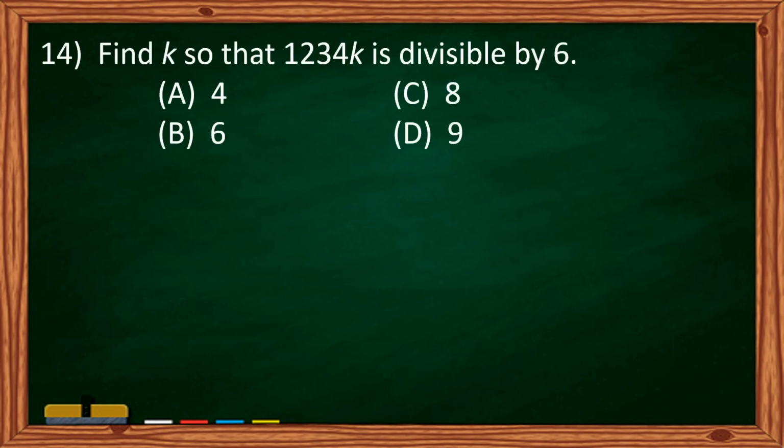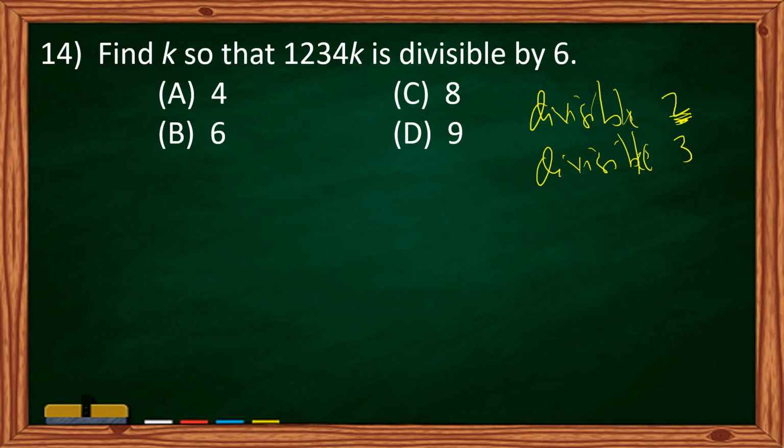Number 14, find k so that 1, 2, 3, 4, k is divisible by 6. We can say that a number is divisible by 6 if it is divisible by 2 and divisible by 3. Okay? We can say also that a number is divisible by 2 if the last digit is an even number.